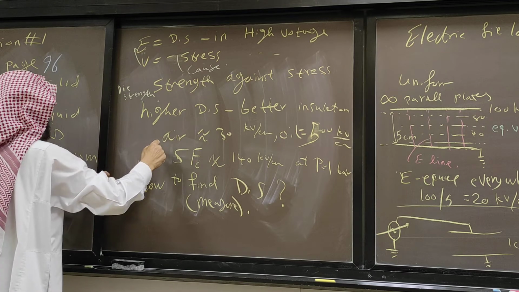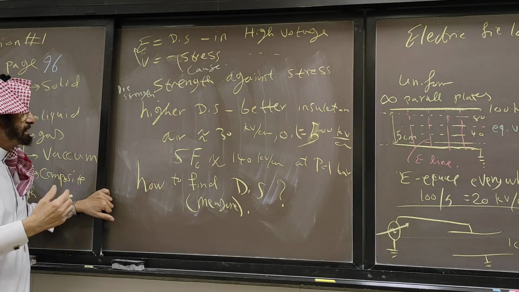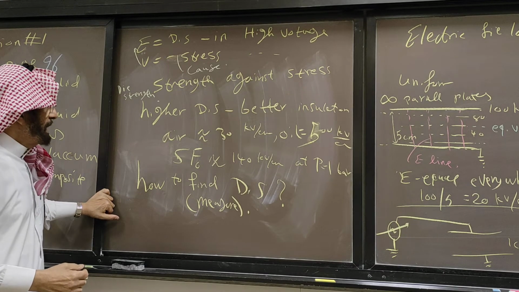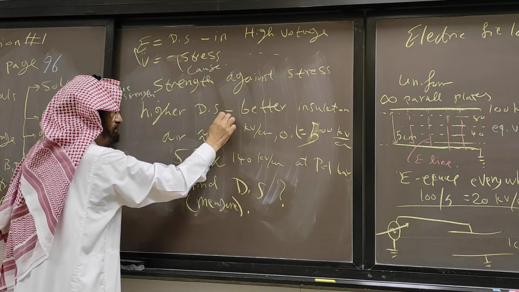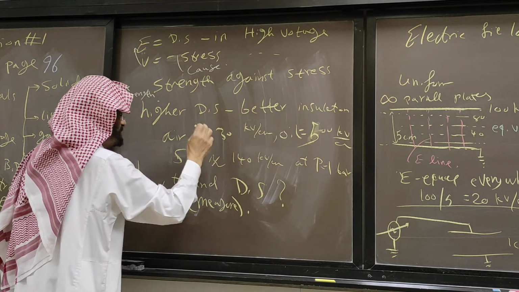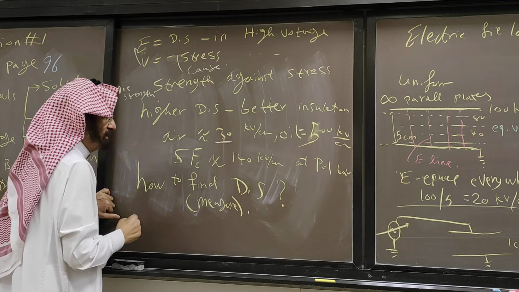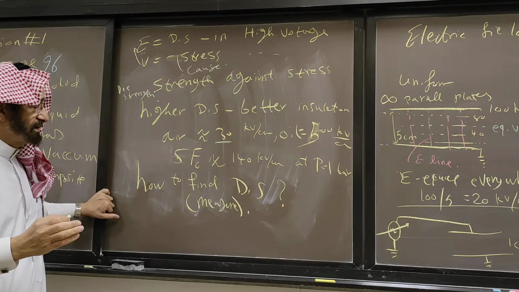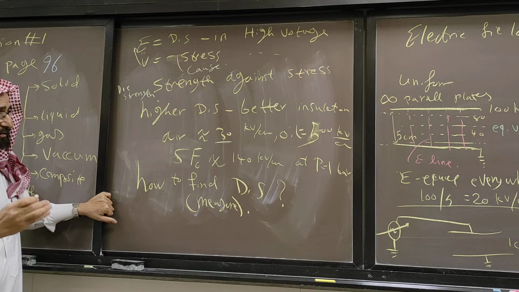What is dielectric strength? As we mentioned before, it's the maximum electric field. The higher the dielectric strength, the better the insulation. For example, 1 centimeter of air can take 30 kilovolt, so the dielectric strength of air is 30 kilovolt per centimeter.